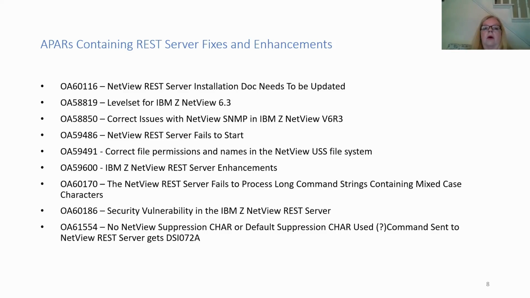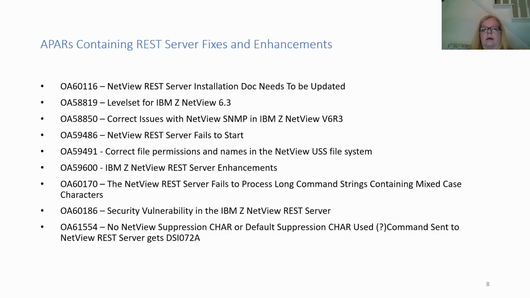We also had an APAR where the REST server fails to start, had issues with file permissions and names in our USS file system. We did have some enhancements. We added some REST APIs with this OA59600, as well as made our REST server available to install with a WAR file. And then we had another APAR processing long command strings and then a suppression character.